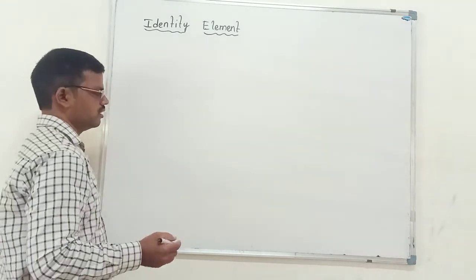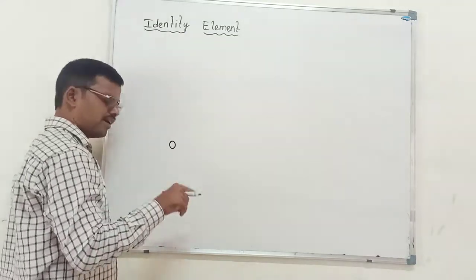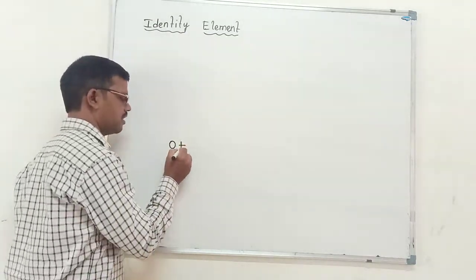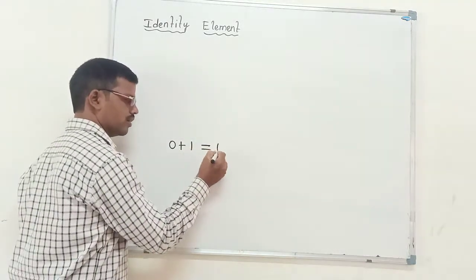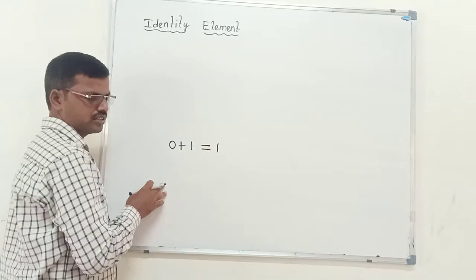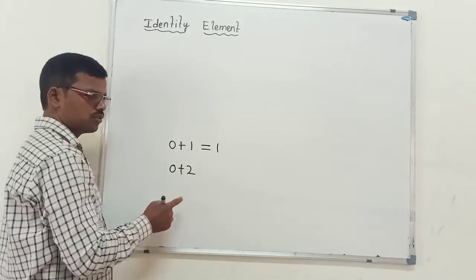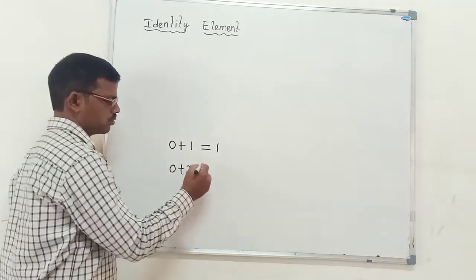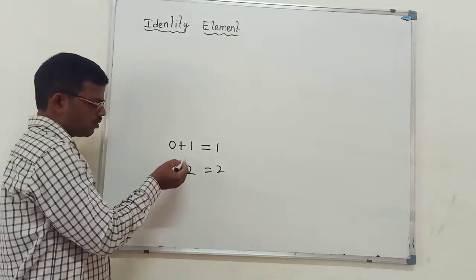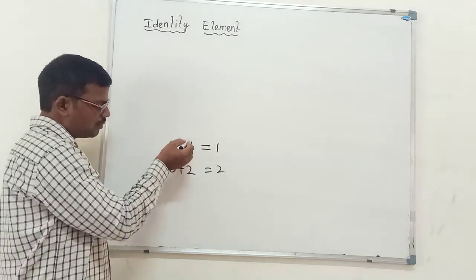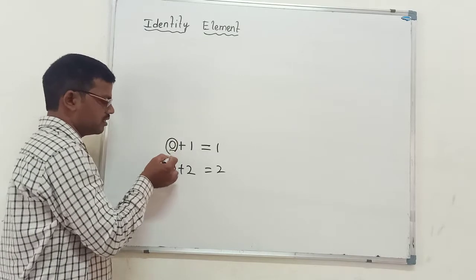For example, if you take 0, and with 0 you add any element, for example if I add 1, what do we get? 1 only. So 1 is not changed. If 0 is added with 2, again it gives 2. These are the elements we are adding with a constant element, 0.